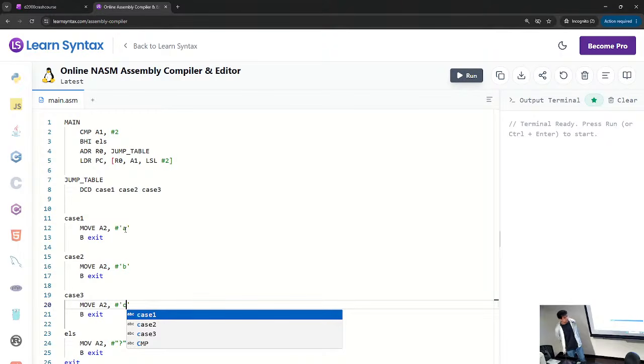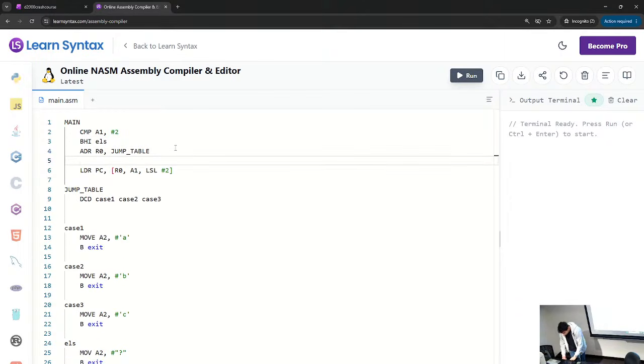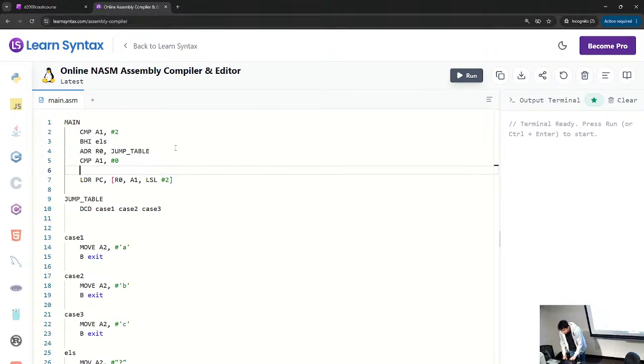Yep. And that leads us to the next part, which is the disadvantage of a jump table. So obviously, an alternative you could do is compare A1 to 0, and if it's equal, branch to case 0.